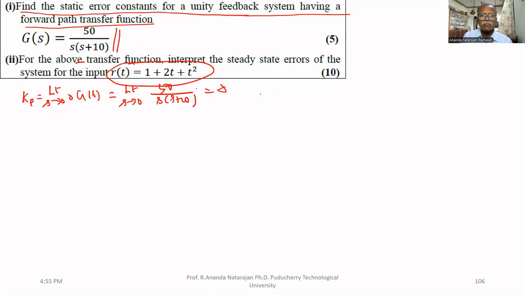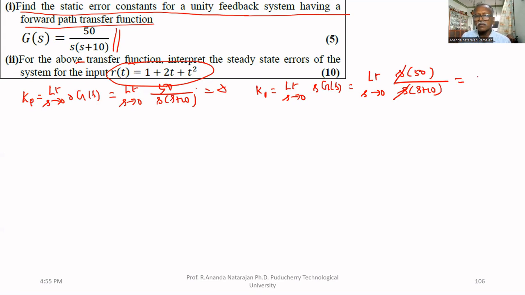Kv equal to limit s tends to 0, s multiplied by G(s). That is equal to limit s tends to 0, s multiplied by 50 upon s multiplied by (s plus 10). So 50 by 10, that is 5.